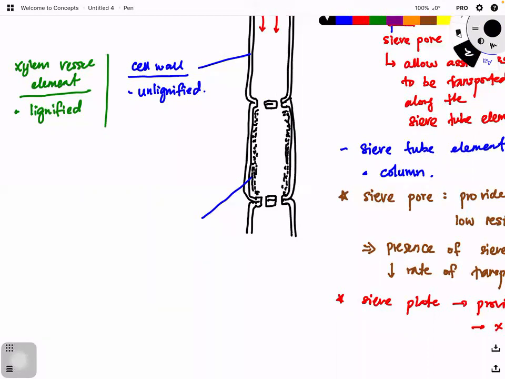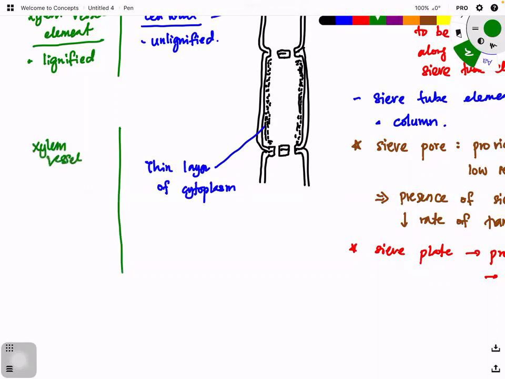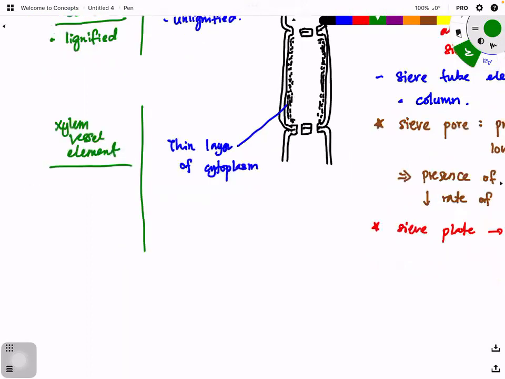So a thin layer of cytoplasm. If you compare to the xylem vessel element, it is a hollow tube with no cellular content.